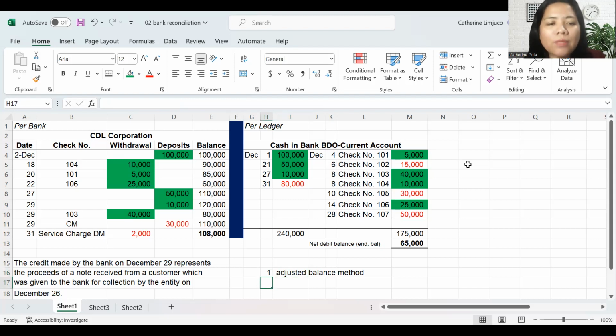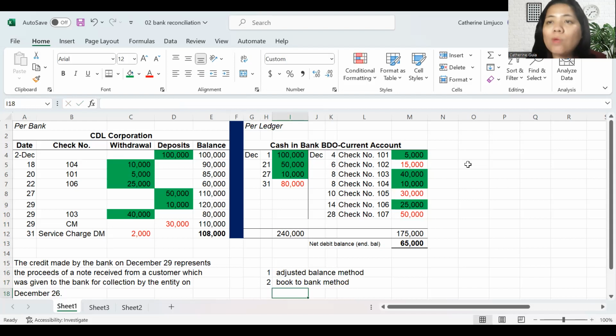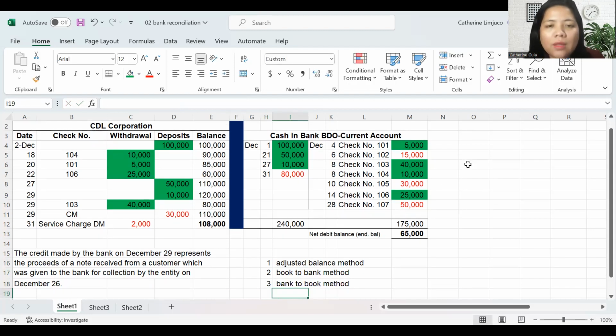Another method in preparing our bank reconciliation is the book to bank method, wherein we adjust our book balance to come up with our bank balance. Number three is the bank to book, wherein the bank balance is adjusted to come up with our book balance. So in this case, for book to bank, our book balance after getting the total debits and total credits is 65,000.